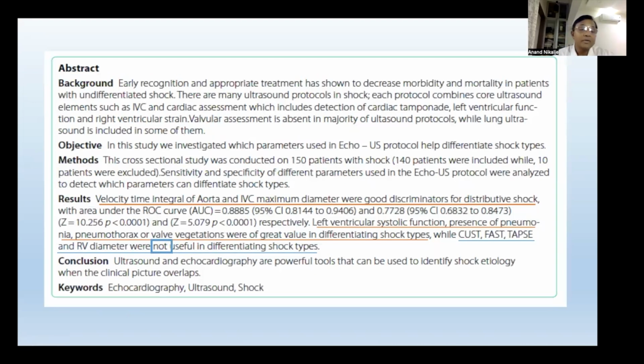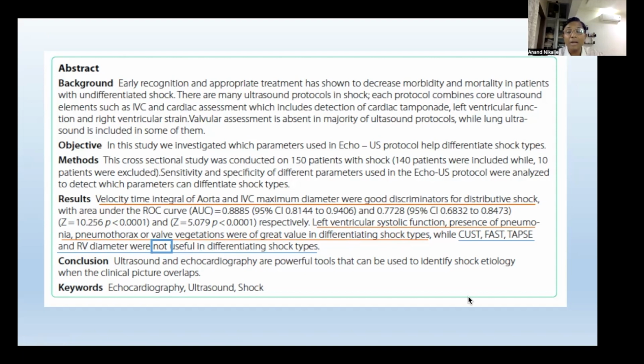The result was that aortic velocity time integral and IVC maximum diameter were very good in discriminating distributive shock. Compared with these, left ventricular systolic function, presence of pneumothorax, pneumonia, and wall vegetations were of great value in differentiating types of shock. So if you are dealing with vegetations on the wall, it is very clear that we are dealing with septic shock.